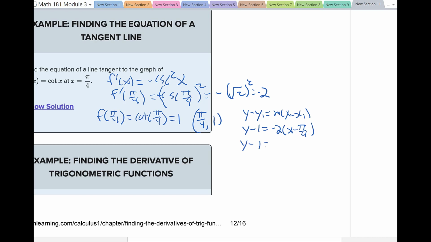So y minus 1 equals negative 2x plus, double negative, negative 2 times negative pi over 4 is plus 2 pi over 4. I'm going to add 1 to both sides. y equals negative 2x plus, I'm going to reduce that 2 pi over 4 to pi over 2, plus 1.